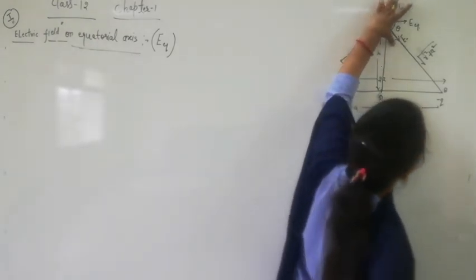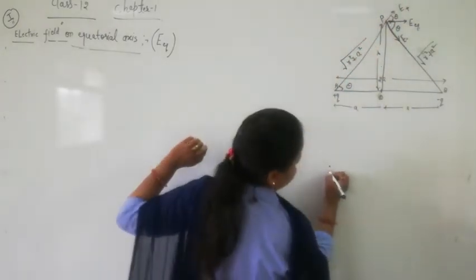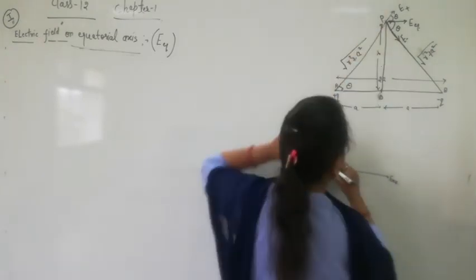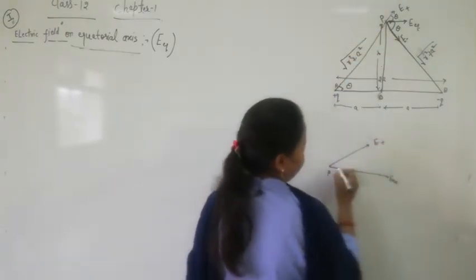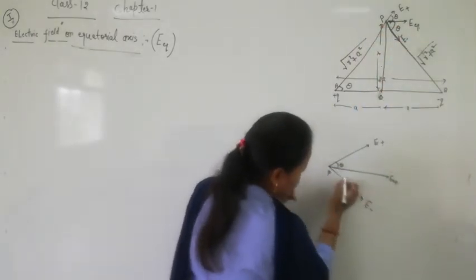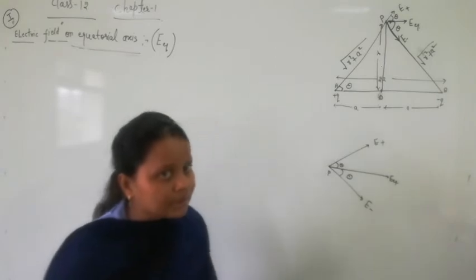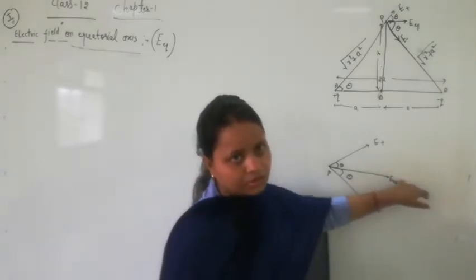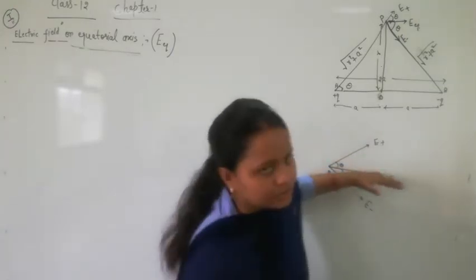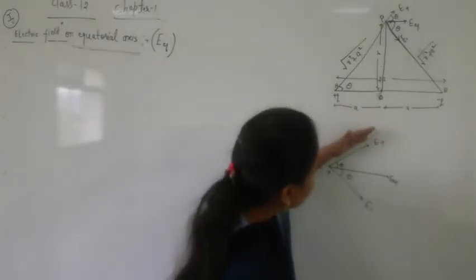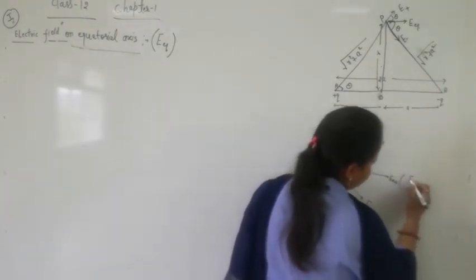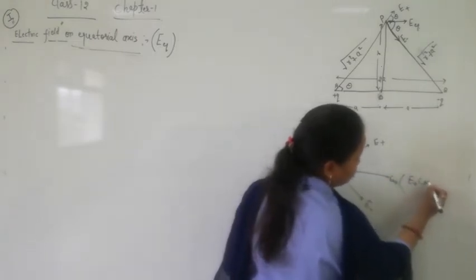We draw this part separately. P point, equatorial axis electric field, the vector E plus is here at theta angle, and E minus is here again at theta angle. So for the resultant electric field, we have a horizontal component. The horizontal component of E plus at the equatorial axis is E plus cos theta.